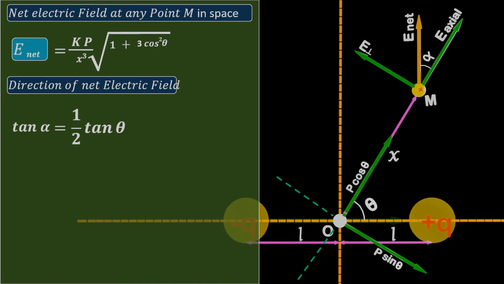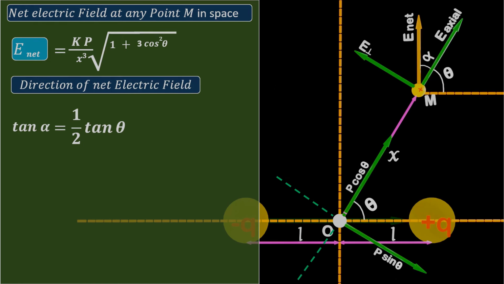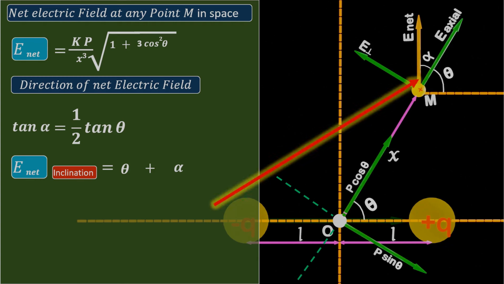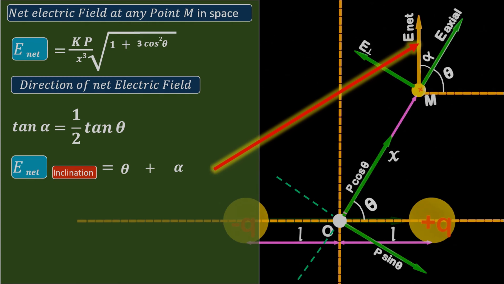To understand this, let's assume a line parallel to the dipole axis passing through the point M. Now, we can understand that the angle between E axial and the dipole axis is also theta. In other words, the exact inclination of the net electric field with respect to the dipole axis is theta plus alpha. By determining the inclination of net electric field at any point with respect to the dipole moment, we can find the direction in which the net electric field points.